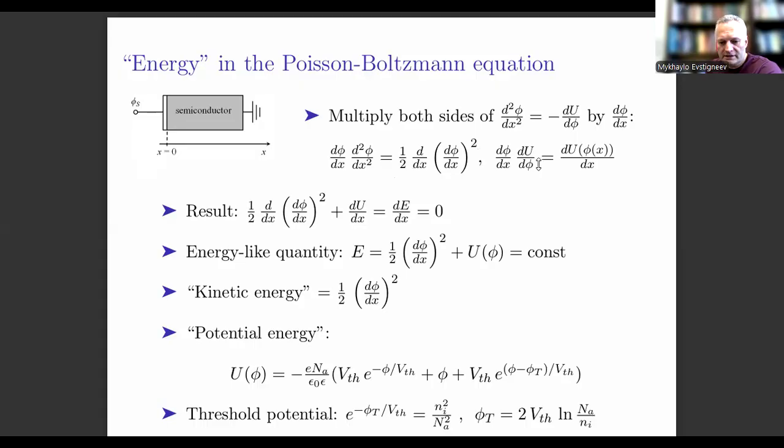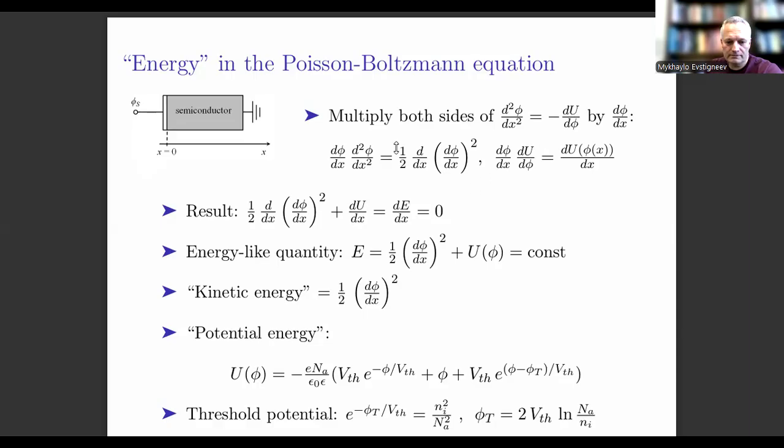On the right-hand side, I have du by d phi times d phi by dx, which is the same as du by dx. Here u is a function of phi, which in turn is a function of x. So again, using the chain rule, du by dx is du by d phi times d phi by dx.